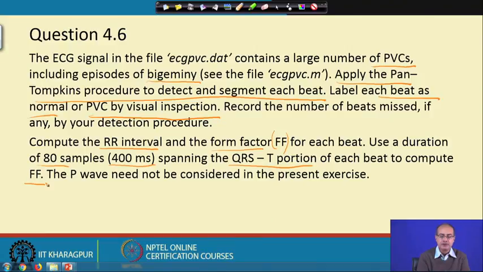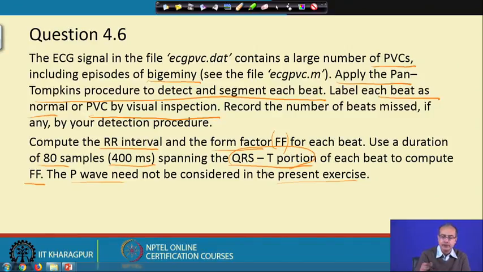The P wave need not be considered in this exercise. Many times P waves are not present properly, and because it is ventricular contraction, the QRS and T portion is most appropriate for that analysis, and that is why we have taken the QRS to T portion.